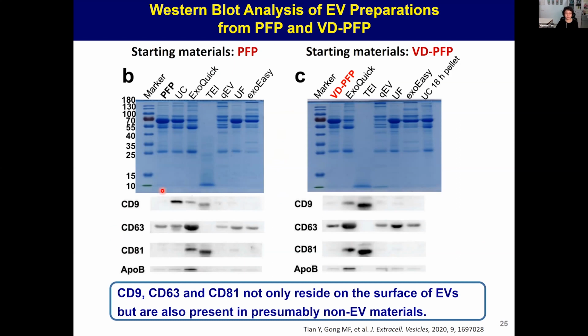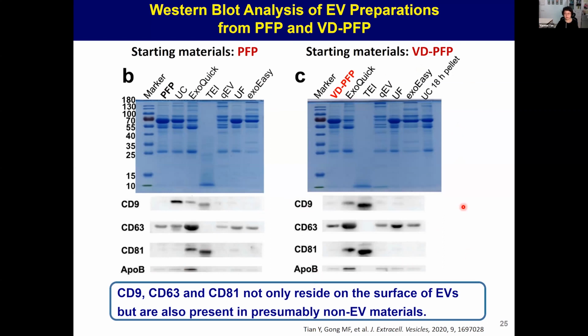However, this is what we did. We put in the starting material of either plasma or vesicle-depleted plasma, used those kits and ultracentrifugation to isolate it, and ran the Western blot.